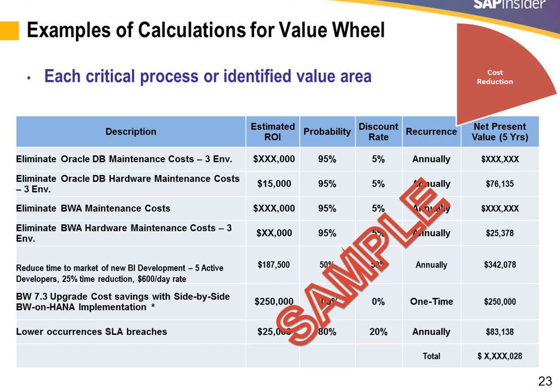As far as with this sample, they were going to replace their current Oracle database with HANA. So you'll see there's some options there where they were going to be able to eliminate some of their Oracle maintenance and ongoing costs, as well as some opportunities, cost savings they'll get by speeding up their ability to deliver agile BI models and lowering their SLA breaches.